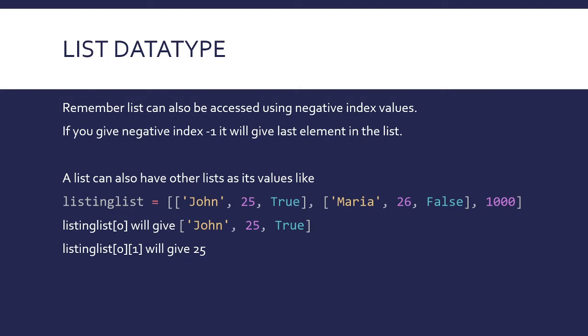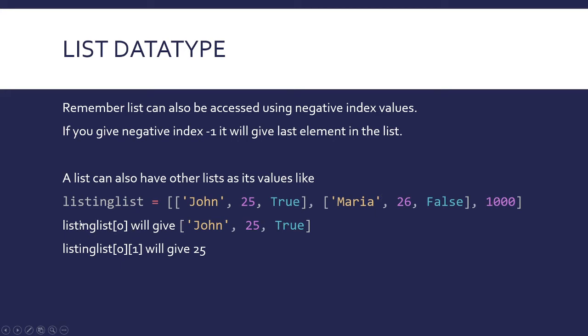So a list is like an array. In arrays we used to store 2D arrays. If you are coming from a different programming language, you might have heard about 2D or multi-dimensional arrays. In a list also we can store a list inside a list, like nested lists. A list can contain multiple lists.